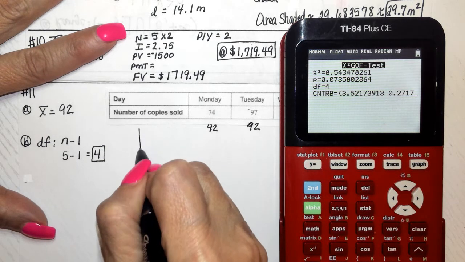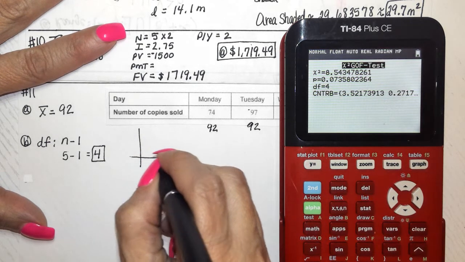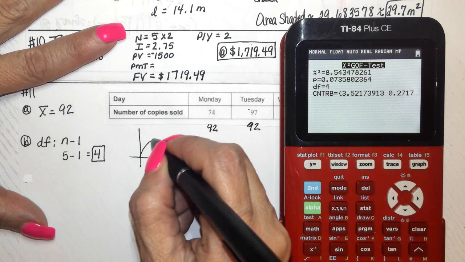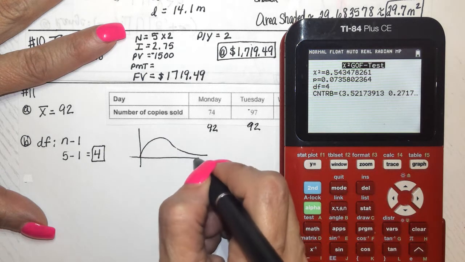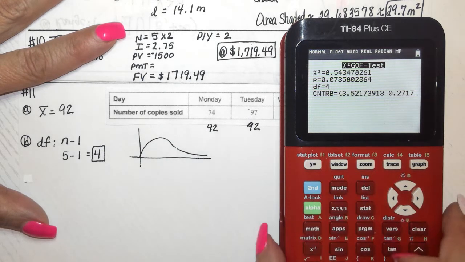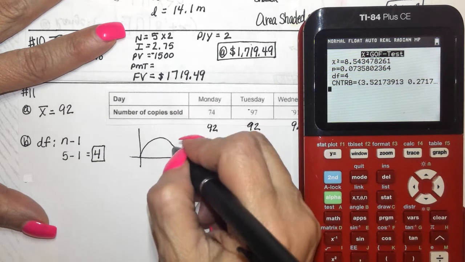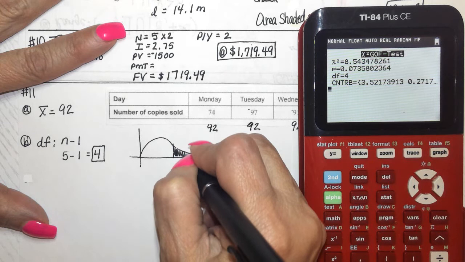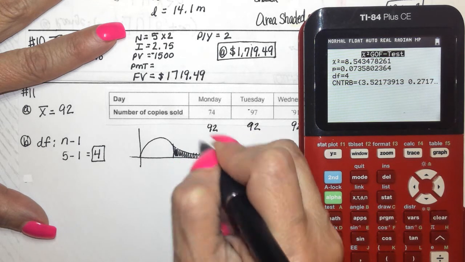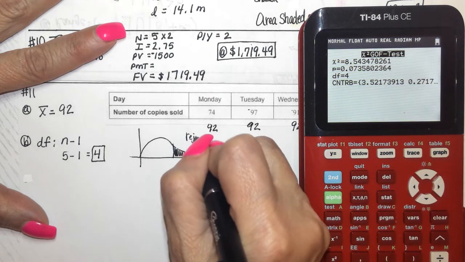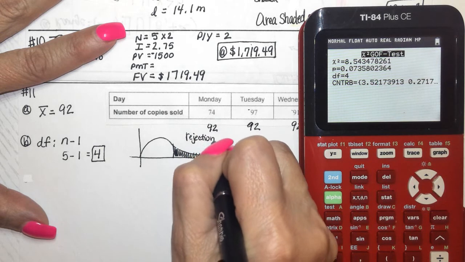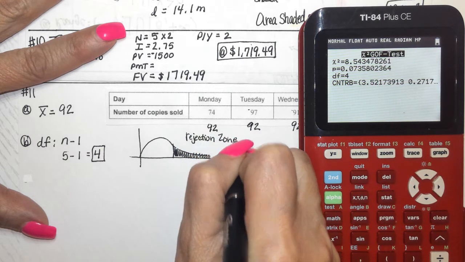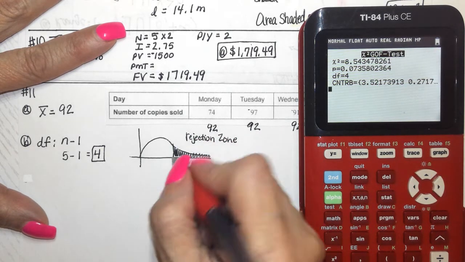So the best way on your IB exam to demonstrate chi-squared and show your knowledge of it is to draw this. So here's what we've got. We know that this over here, and you can even say this is the rejection zone.